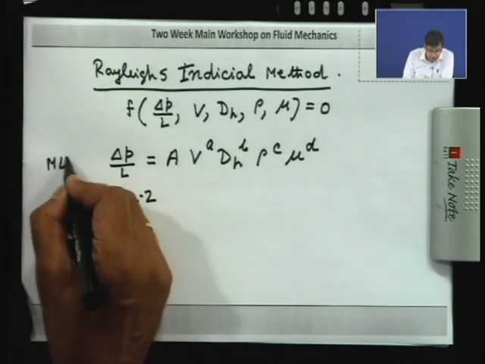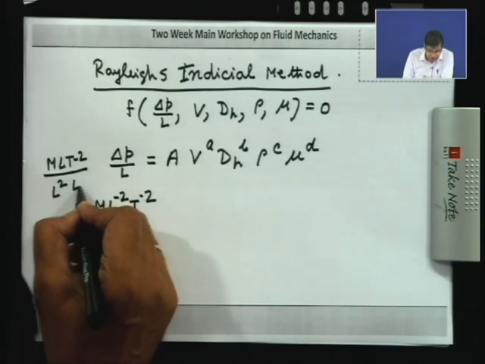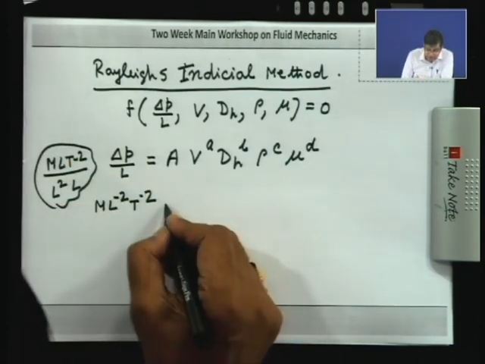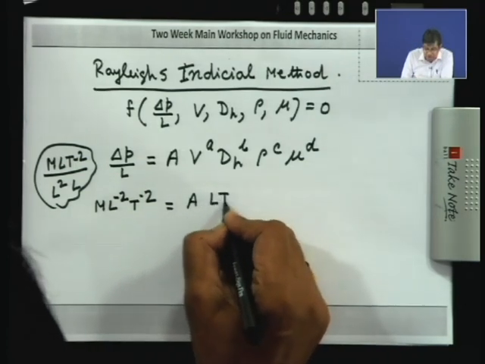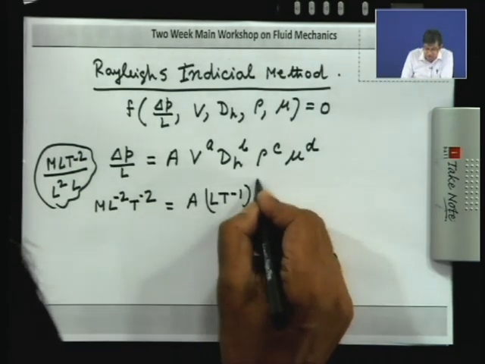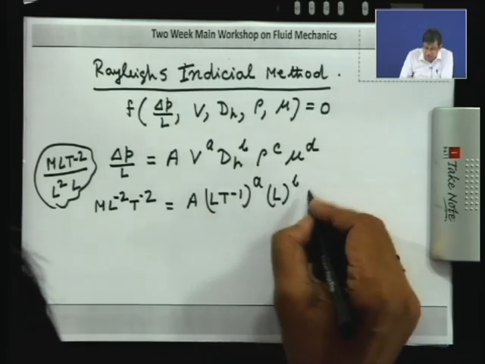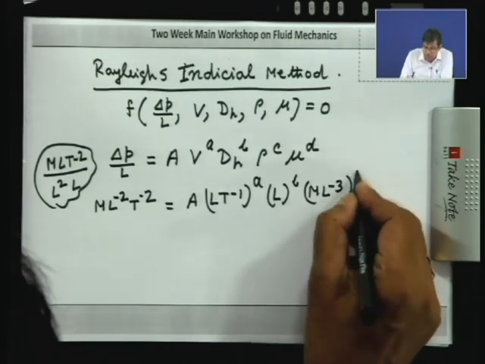M L t to the power minus 2 is the force, then divided by L square into L, so M L to the power minus 2 t to the power minus 2, and that becomes equal to A. V is L t to the power minus 1 to the power a. This is dH, L to the power b. Rho is M L to the power minus 3 whole to the power c.